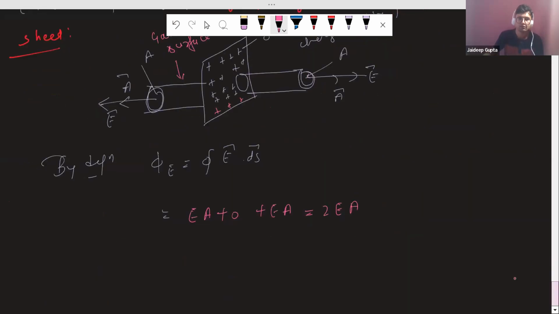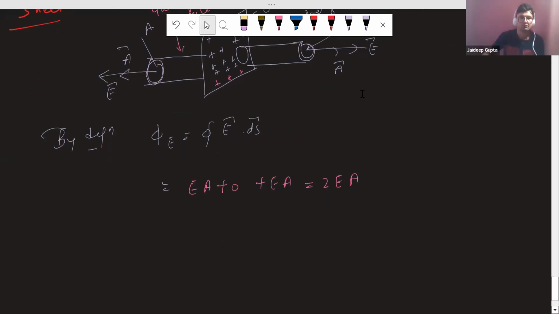Yeah. Now by Gauss theorem, phi E equals to Q over epsilon. Q is the total charge. That would be second, and that would be first.